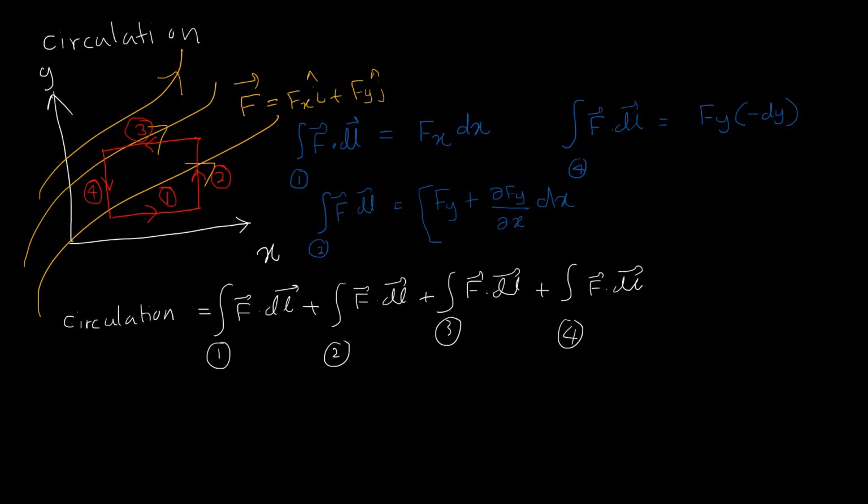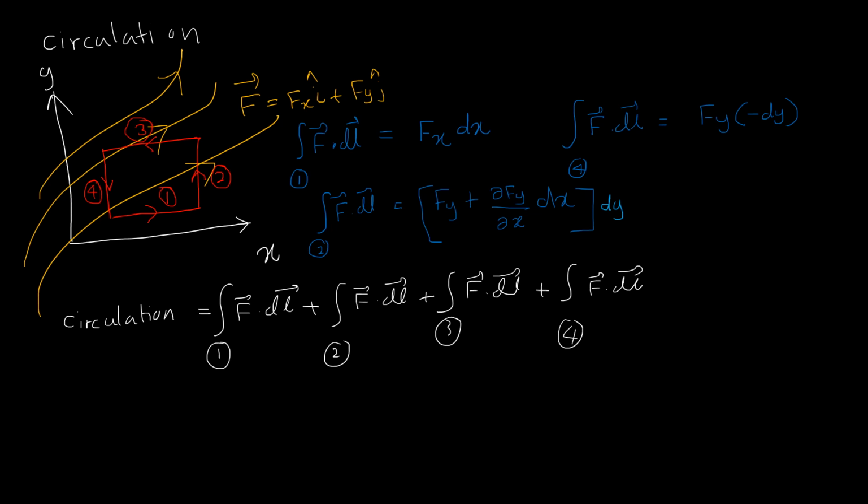This is the y component of the field where our path 2 is, and to take the line integral along path 2, I have to multiply this by dy.